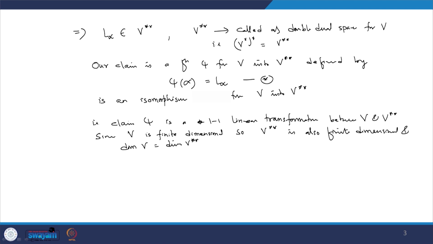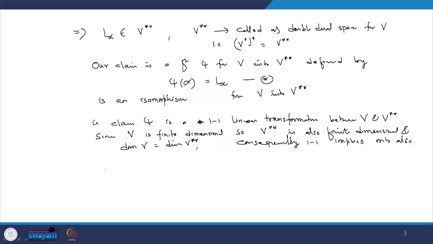Consequently, if I somehow prove that psi is a 1-1 linear transformation from V into V double star, then psi is also a 1-1 onto linear transformation. That is, psi will be an isomorphism from V onto V double star. Consequently, 1-1 implies onto also. So, first I have to prove that psi is a linear transformation.